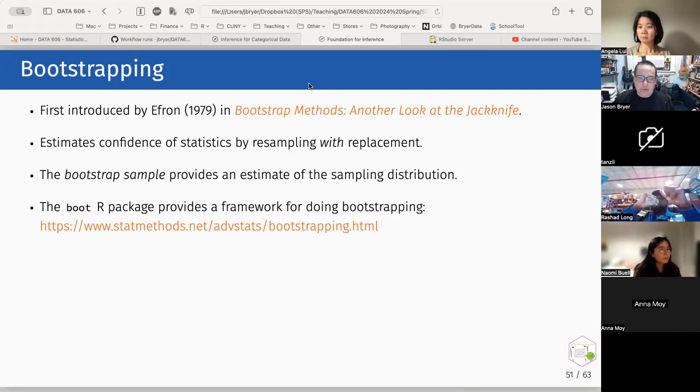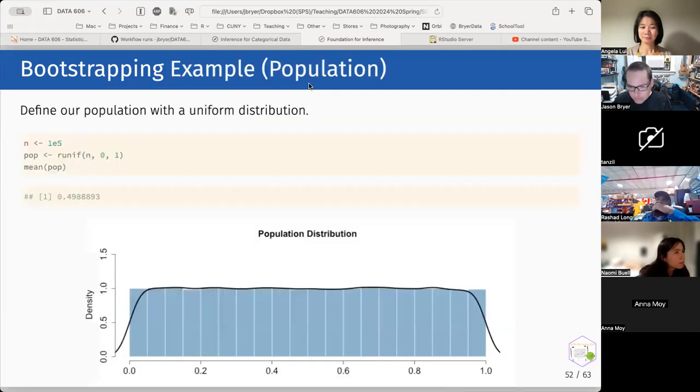I actually wrote a bootstrapping package for propensity score analysis because I think it's pretty powerful. But we're going to go through it; in a lot of cases it's pretty trivial to just code it up yourself. You're going to see a lot, in the predictive modeling world, bootstrapping is very widely used.